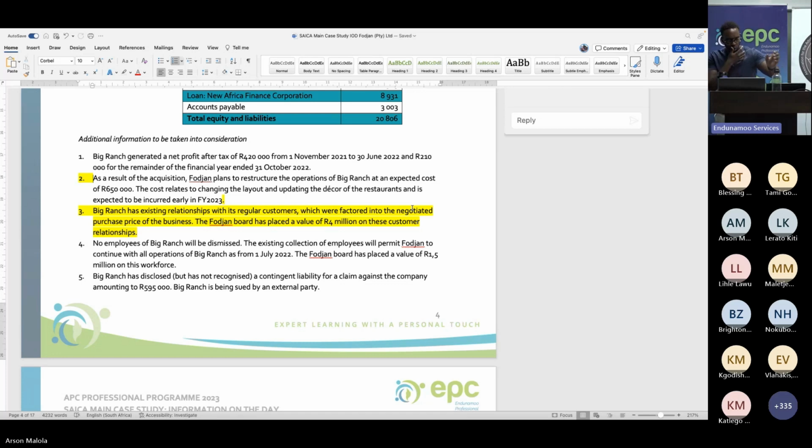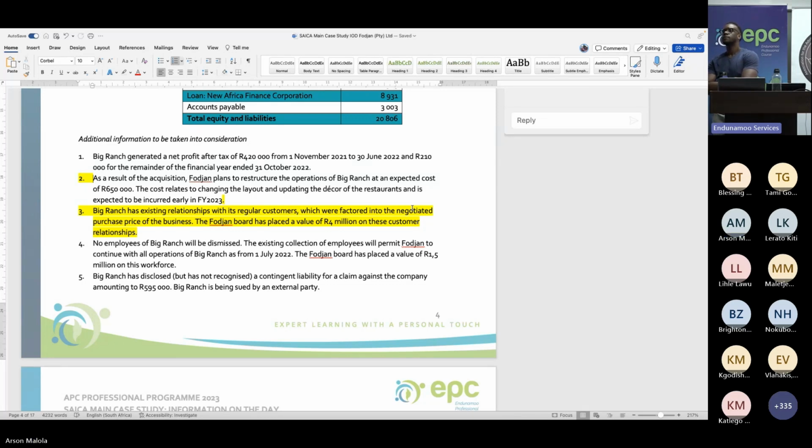So they're telling us that it's been factored into the negotiated price of the business, but if there's a chance that this could possibly be an intangible asset, that 4 million valuation is a bit of a concern.